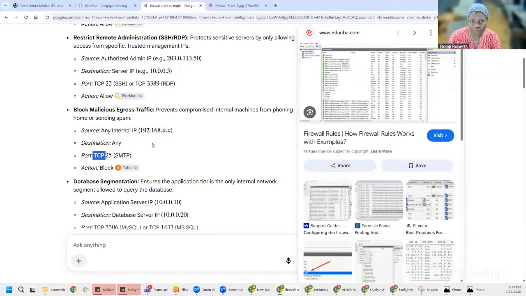And this prevents, and you see it here, it prevents a compromised internal machine. So this simply means that either the internal machine is compromised or someone is spoofing the IP address of an internal machine, because they are located outside of the network.